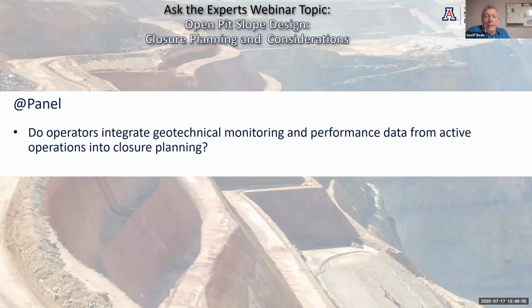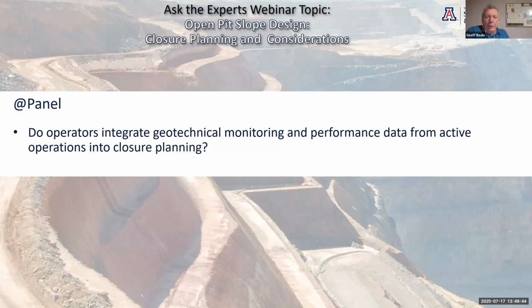So again, it's looking at how long the slopes are going to be exposed. The picture on the front of the closure book, for instance, that Gillian showed, that's a pit that Phil and I closed over the last 4 or 5 years, and we knew the slopes had some issues, but we knew those issues were going to be fairly short-term, because we knew the water level was going to go all the way back to the surface, and we were able to pump the lake full rapidly with nearby river water.